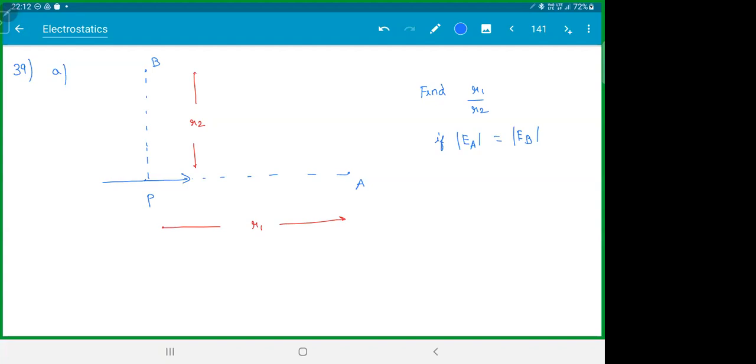Clear? What is the answer? EA is equal to EB, right? So EA का formula is 2 kp by R1 cube. EB का formula is kp by R2 cube. So R1 by R2 will be 1 by 2 whole to the power of 1 by 3. Easy? कुछ नहीं था, substitution. Clear? Next one.